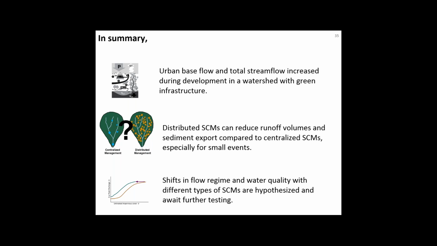These shifts in the flow regime and water quality with different types of stormwater management, we have these general hypotheses of what we expect might happen, but this requires further testing to see if these patterns hold up in the real world. So I think that's it, and we can take some questions, and thanks for everyone for calling in.